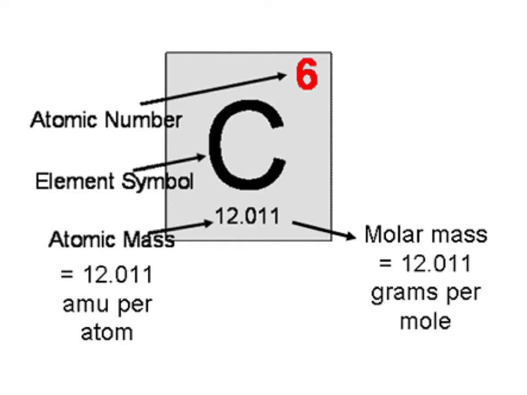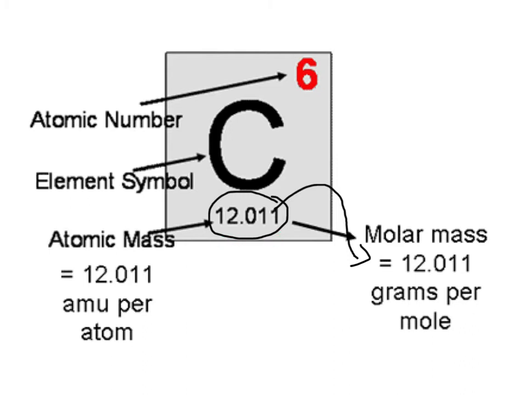Now, fortuitously, we've decided to use this number as our molar mass. So 1 mole of carbon atoms is going to equal exactly 12.01 grams per mole.